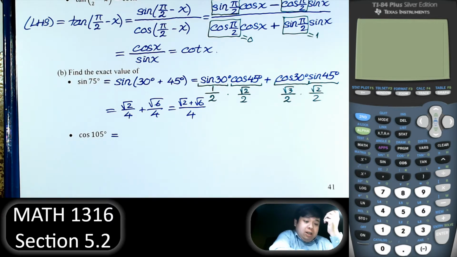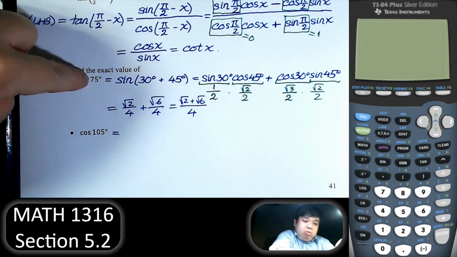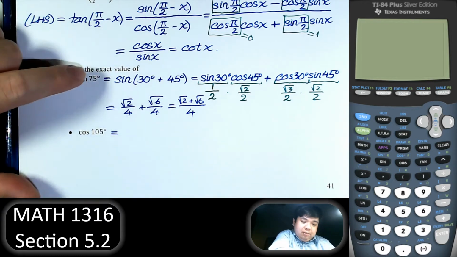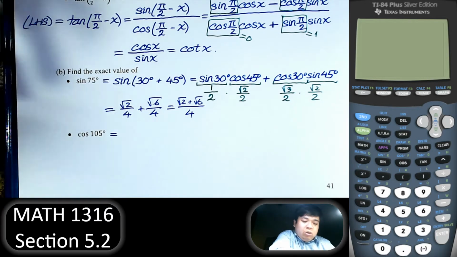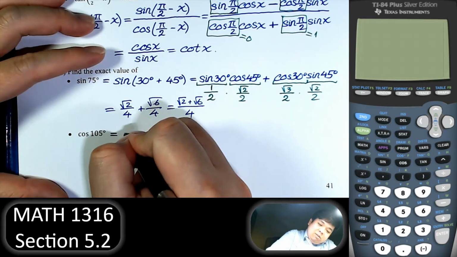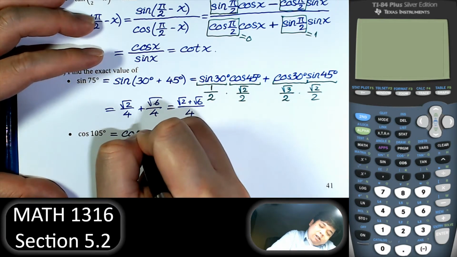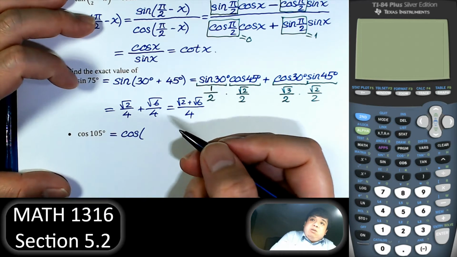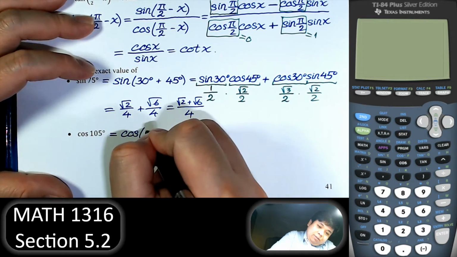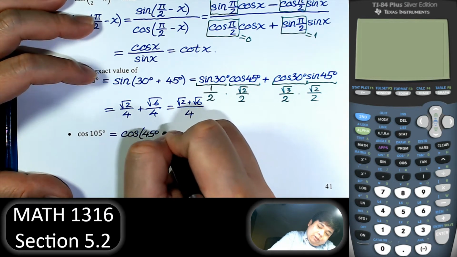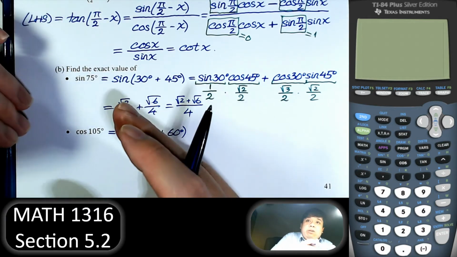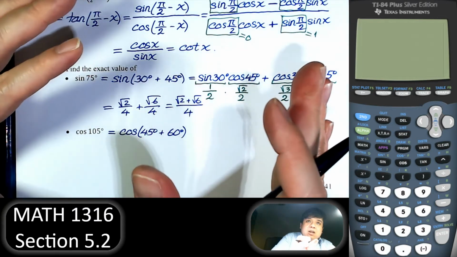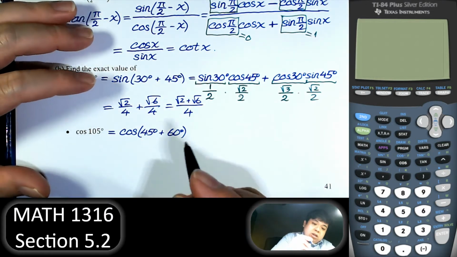Or we can say 30 plus 75, but it's not going to help because we only know sine of 75. Yes, we can find cosine of 75, but the more direct way is 60 and 45. Or you can go 135 minus 30. That certainly works.